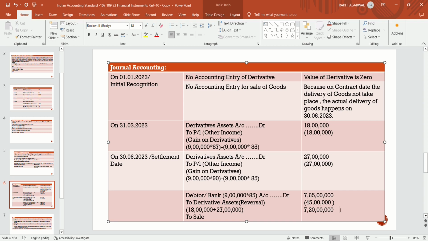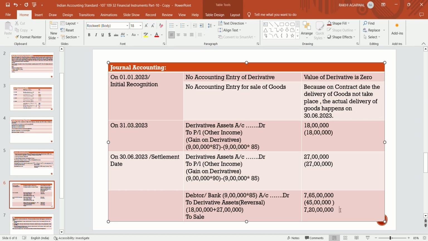How many dollars are there? 9 lakh dollars. So we will recognize the gain: derivative asset account debit to P&L income, that is gain on derivative. How much gain is there? 9 lakh into 5, that is 45 lakh. We had already recognized the 18 lakhs, so we will recognize only the balancing amount, that is 45 minus 18, which is 27 lakhs.